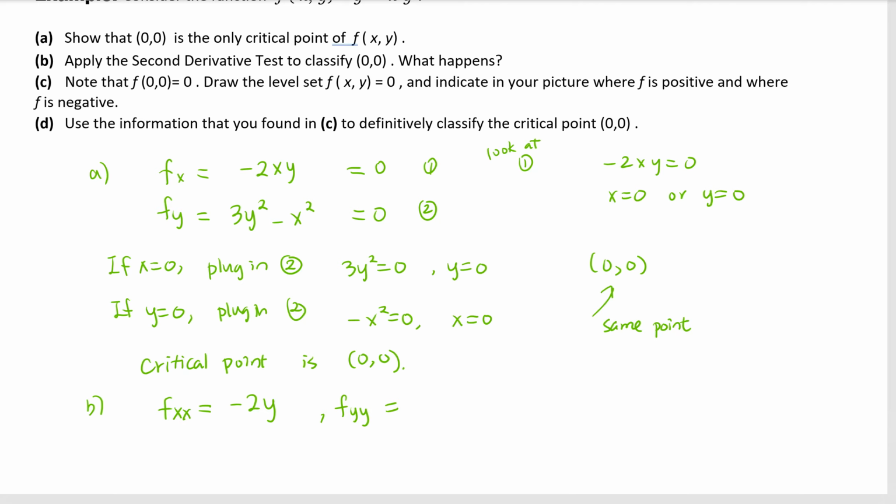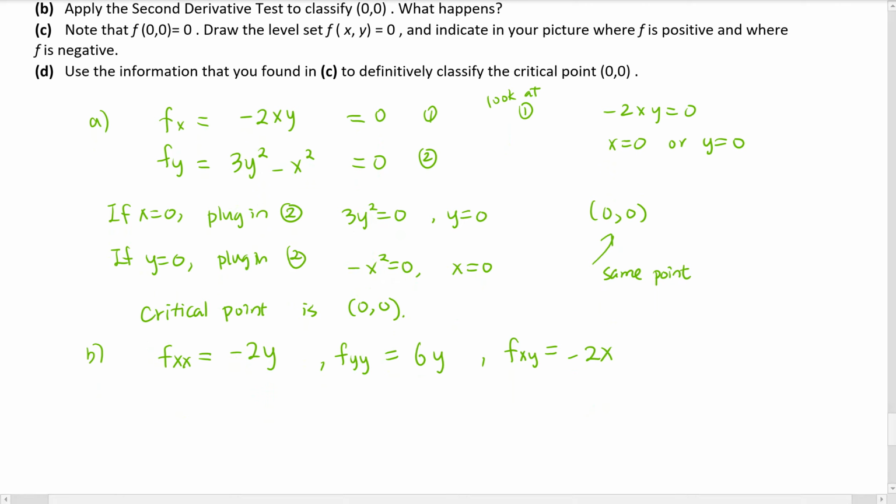For fyy, take the derivative of 3y squared minus x squared with respect to y: 6y, because x squared has no y, so it's gone. For fxy, take the derivative of negative 2xy with respect to y: we have negative 2x. So the Hessian matrix equals [-2y, -2x; -2x, 6y].